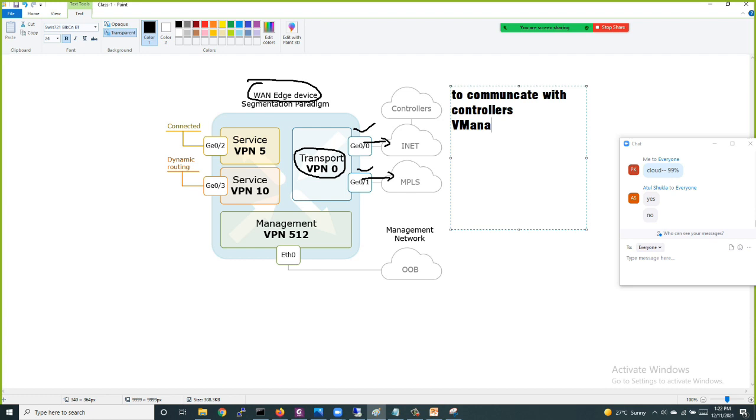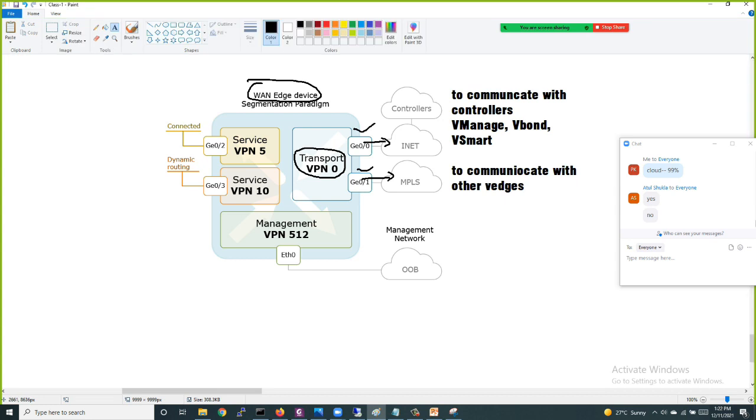Which controllers? vManage, vBond, vSmart, right? After that, what is the use? To communicate with other vEdges. So all this communication is going to take place from VPN 0, right?